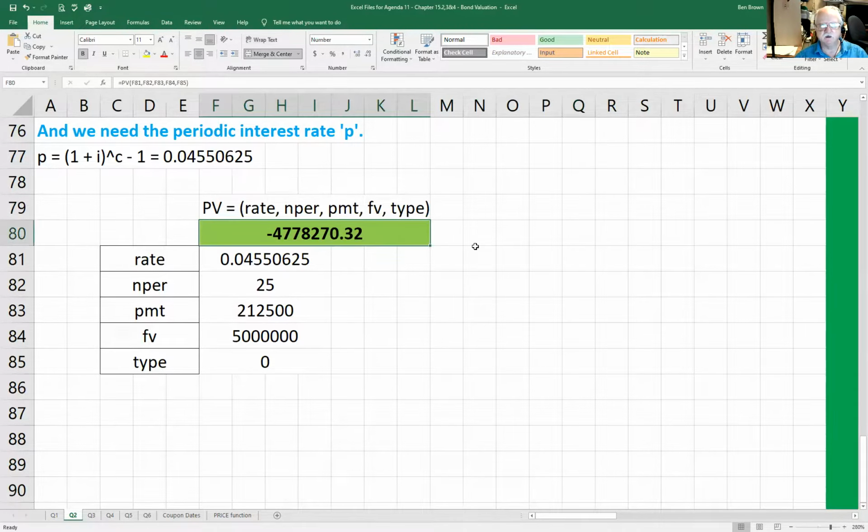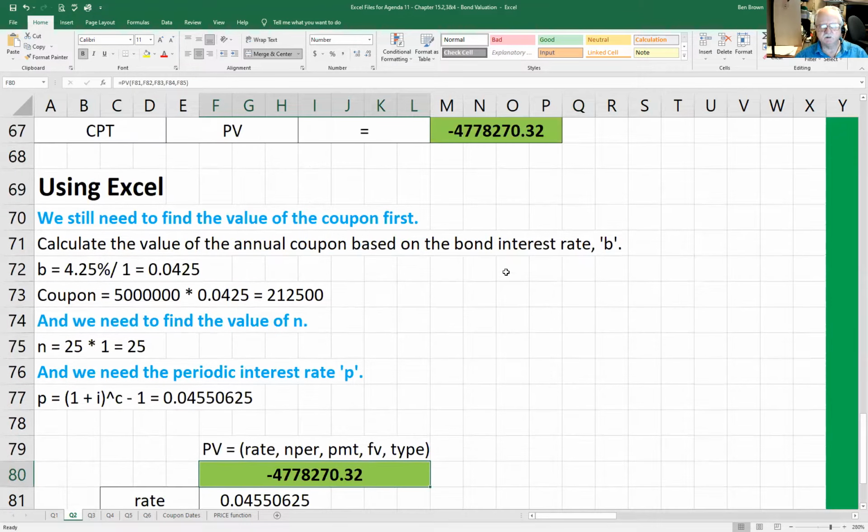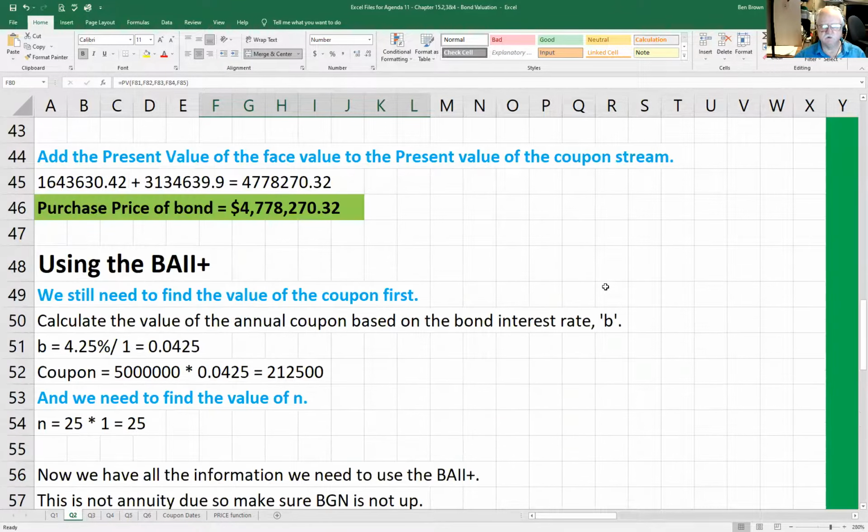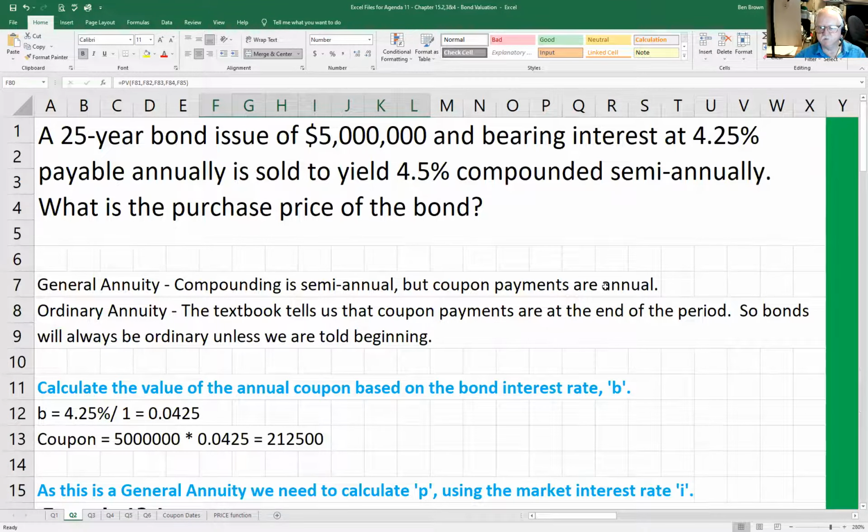And amazingly enough, we come up with exactly the same answer. So if it's a general annuity, it's definitely easier to do it on the BA2 plus because you skip that step of having to find P. Let's take a look at another one, unless you have any particular questions there.